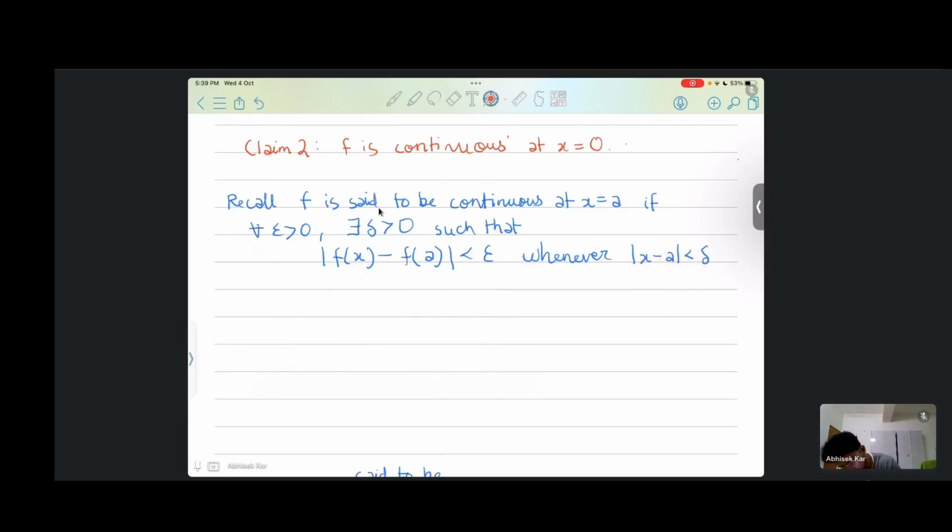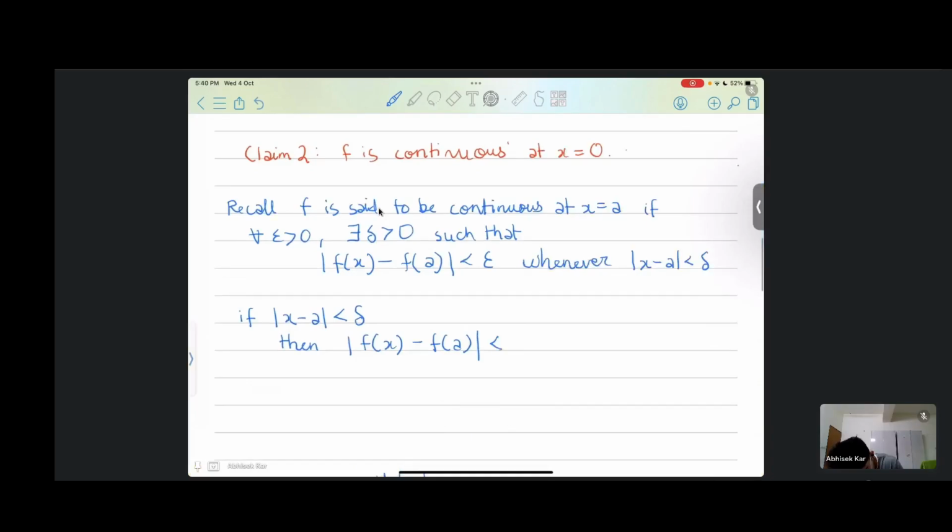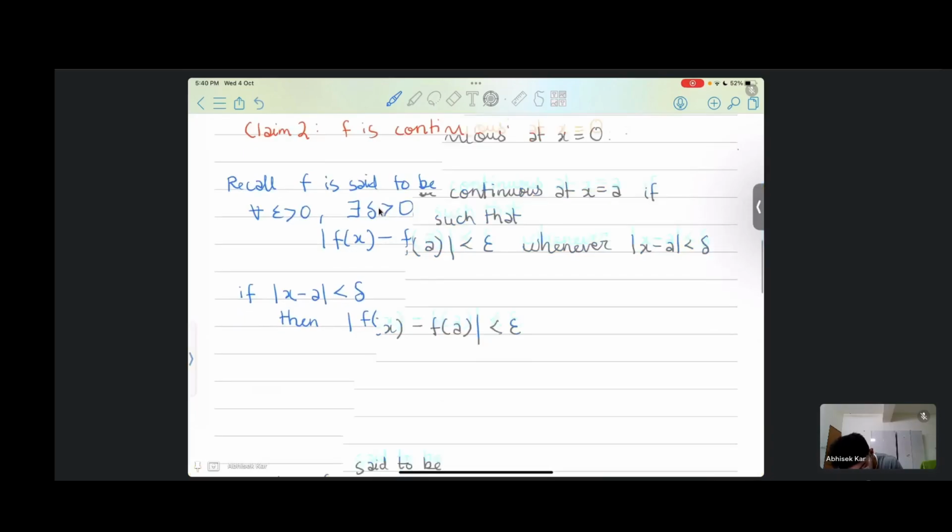I mean, you have to find a delta such that if mod of x minus a is less than delta, then mod of f(x) minus f(a) is less than epsilon.